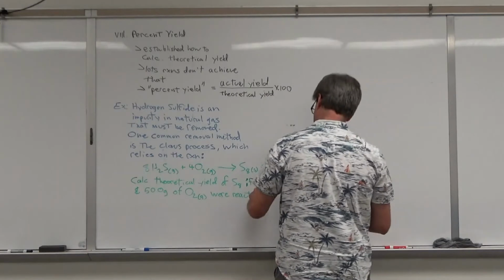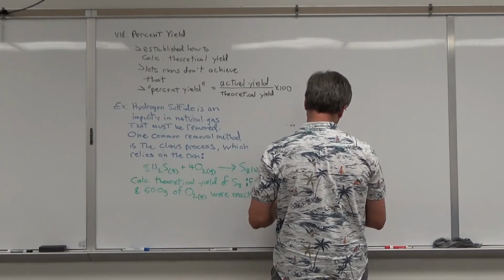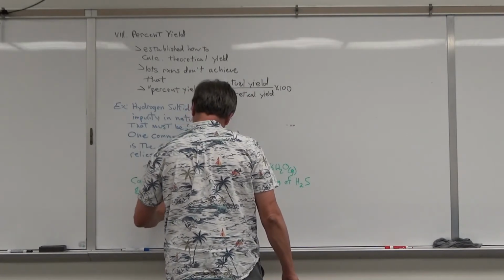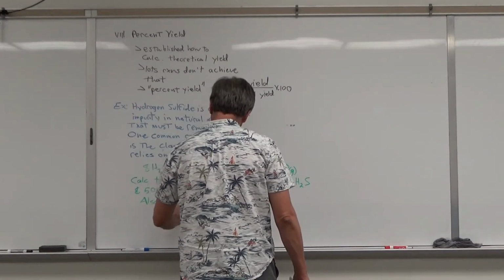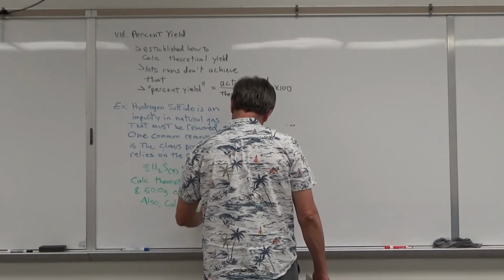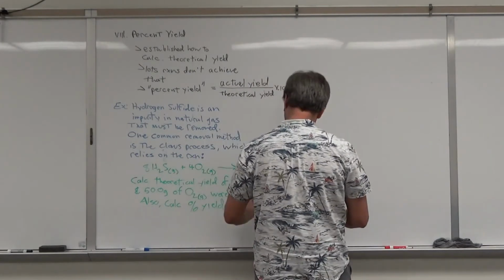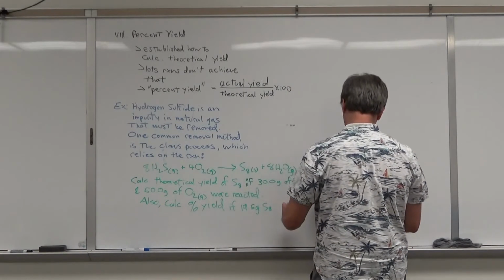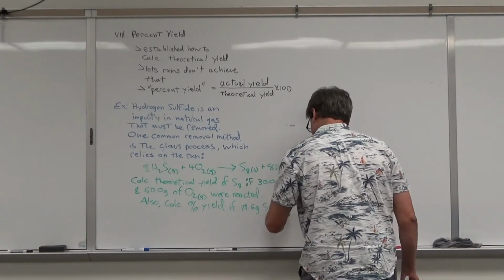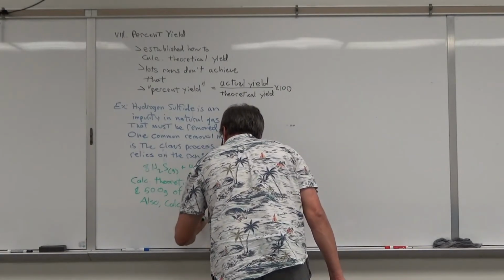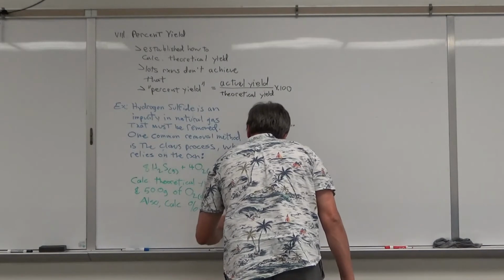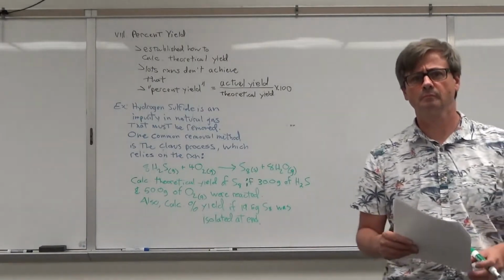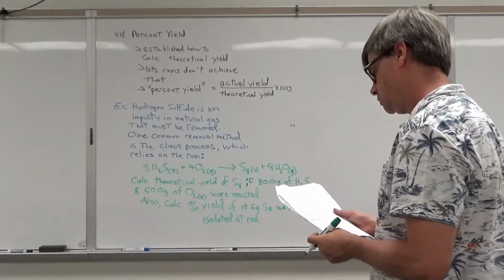Also, calculate the percent yield if 19.6 grams of sulfur was isolated at the end.